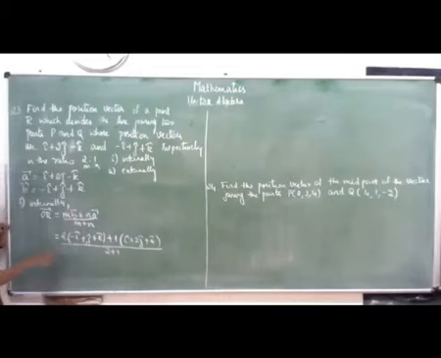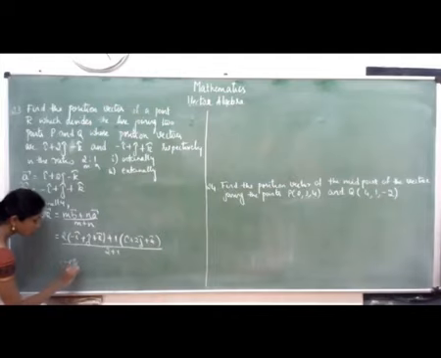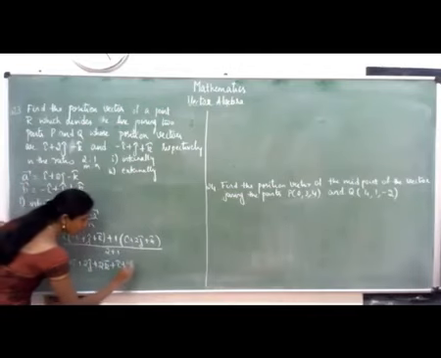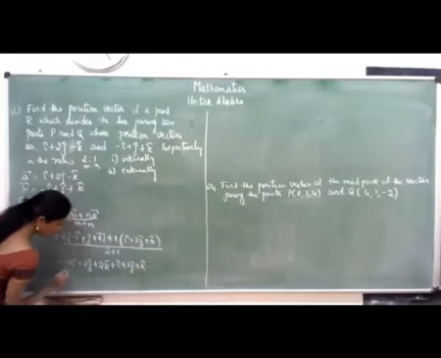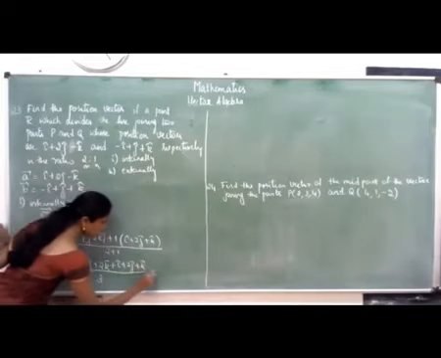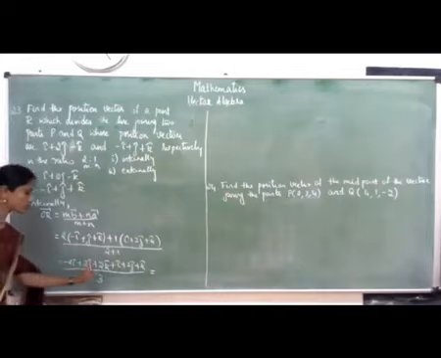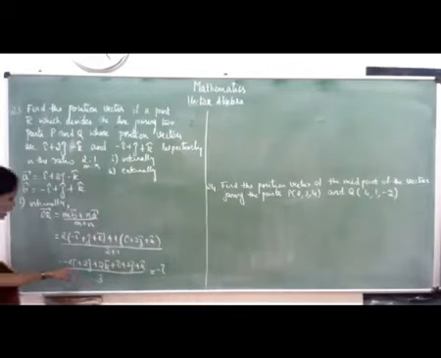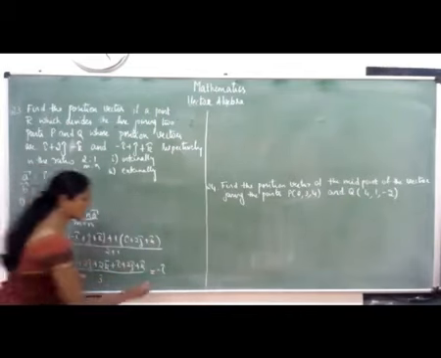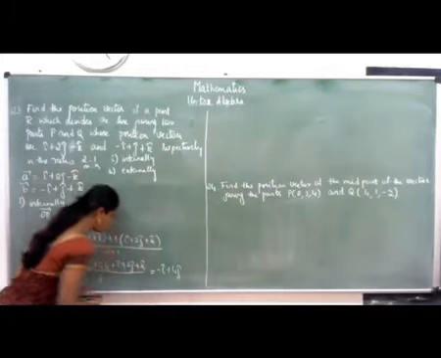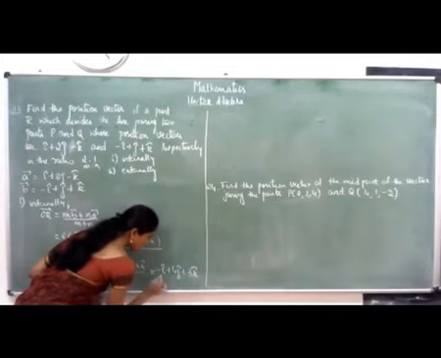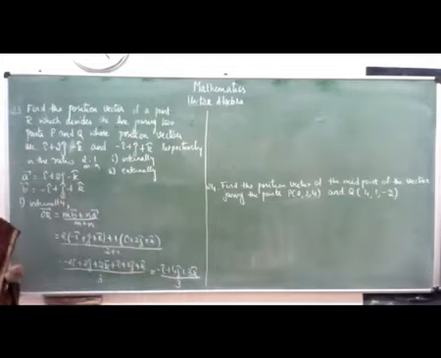Simplifying, this will be equal to minus 2i cap plus 2j cap plus 2k cap, then plus i cap plus 2j cap minus k cap, whole divided by 3. So minus 2i cap plus i cap is minus i cap, then plus 2j cap plus 2j cap is plus 4j cap, then plus 2k cap minus k cap is plus k cap, whole divided by 3.